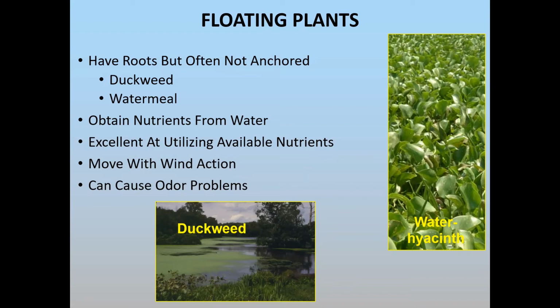When this material dies off, it can also create an odor issue. So it's really important to first control the nutrient levels going into the pond, to minimize the influx and minimize the opportunity for aquatic plants to utilize those nutrients.